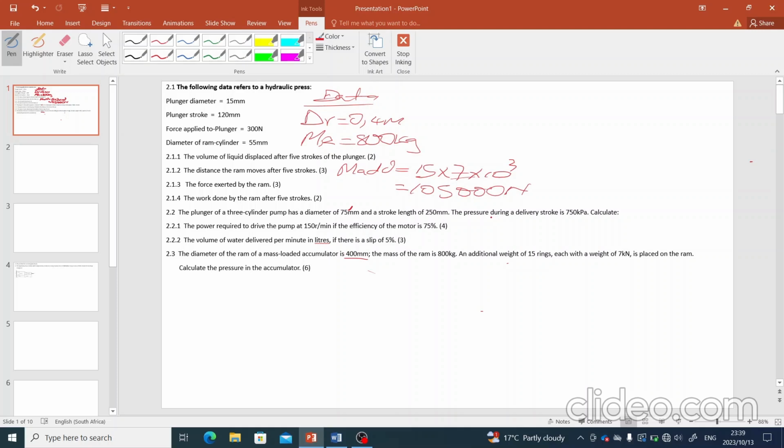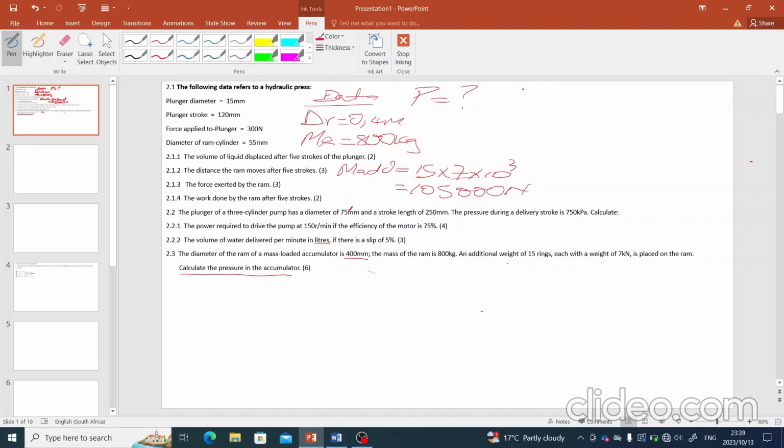That's what I get on mass added, placed on the ram. Now they want us to calculate the pressure.